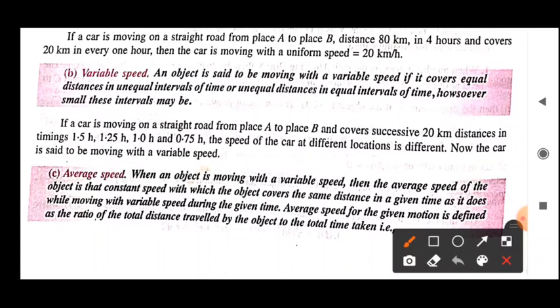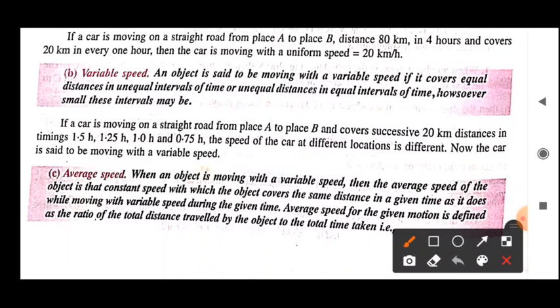So this is very simple. Suppose your object has taken different time intervals for different distances, and you have calculated speed in different time intervals. If you take their mean, then that will provide you the average speed.